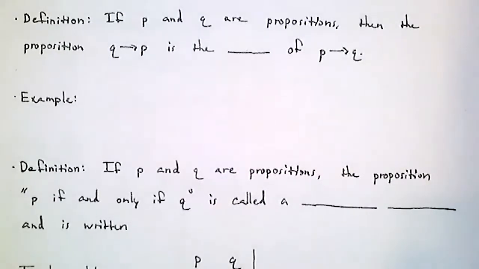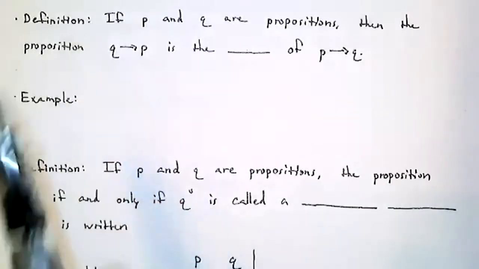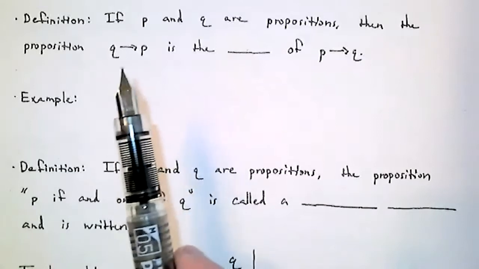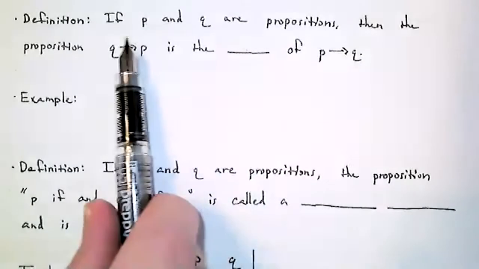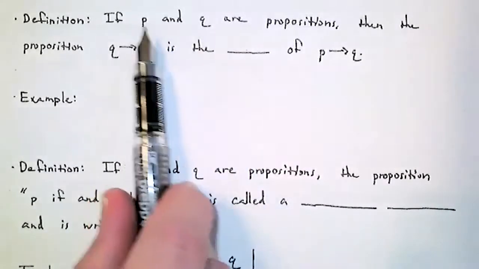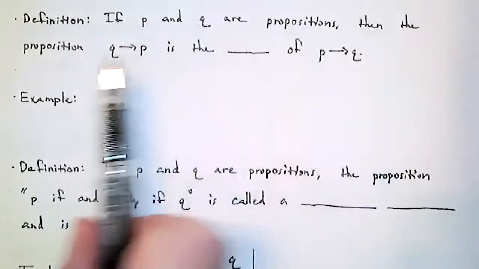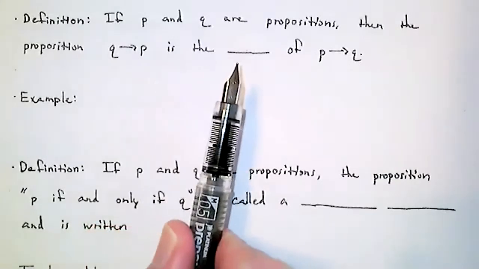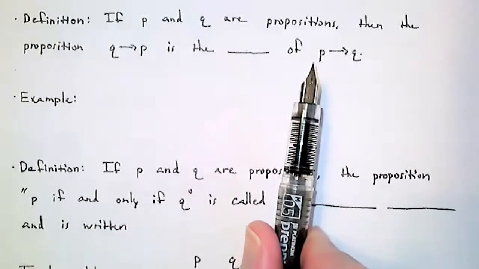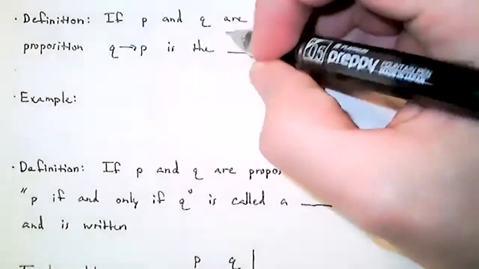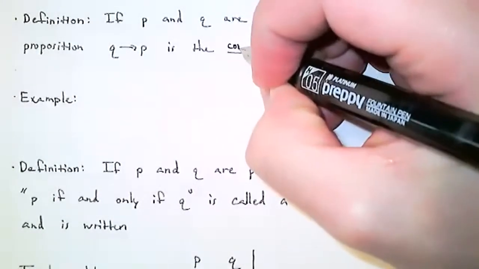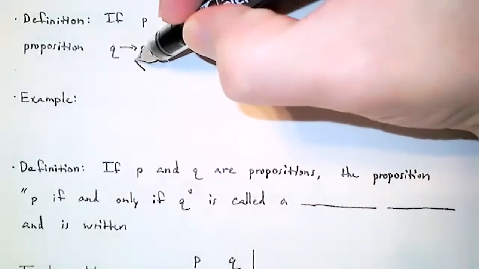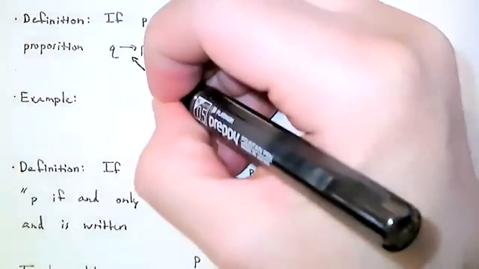Okay, so the next idea, here's a new definition, is the reverse order of the conditional. I still have two propositions, P and Q. Then the proposition, if Q, then P, is called the converse of the other way around, if P, then Q. Just so it's clear, let me write here, the order is switched.